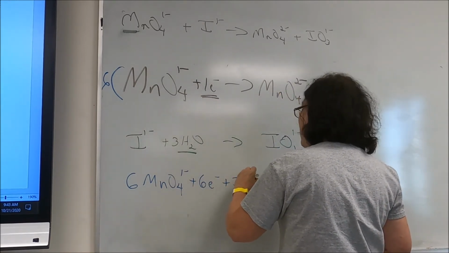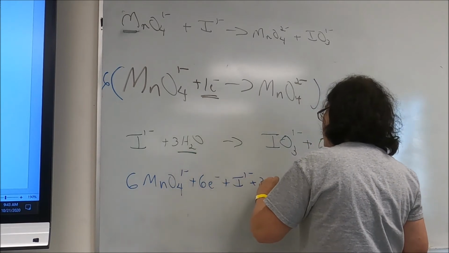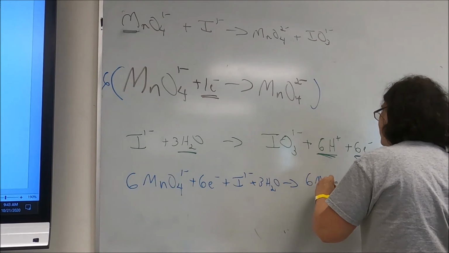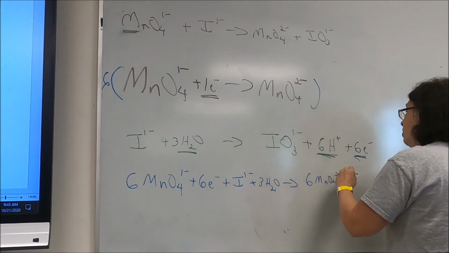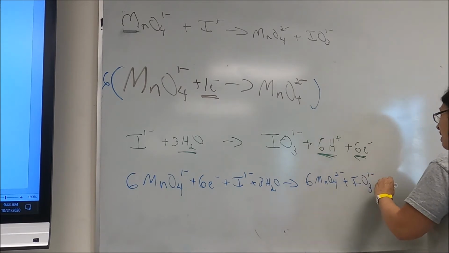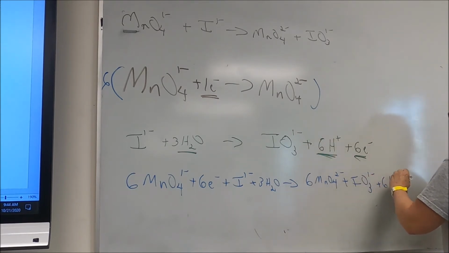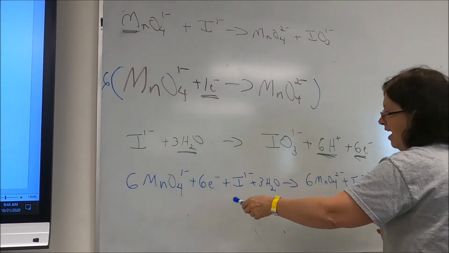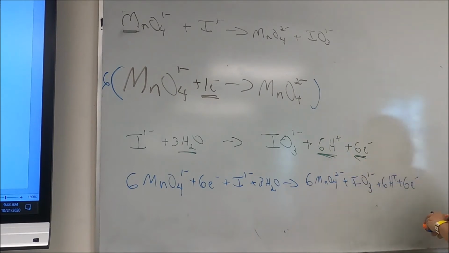plus an iodide ion plus 3 waters going to 6 MnO4 2- plus an iodate ion plus 6 hydrogen ions and 6 electrons. I took everything from the reactant side and wrote it on the reactant side, everything from the product side, wrote it on the product side.